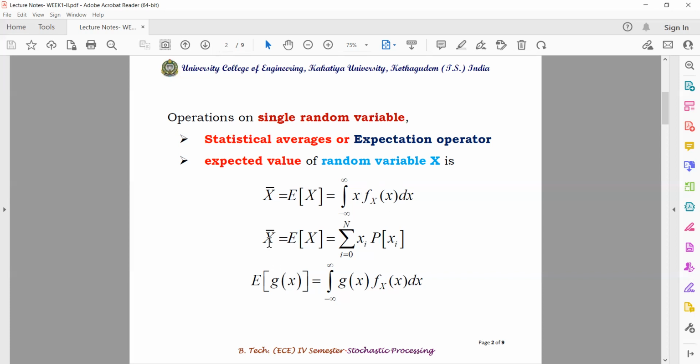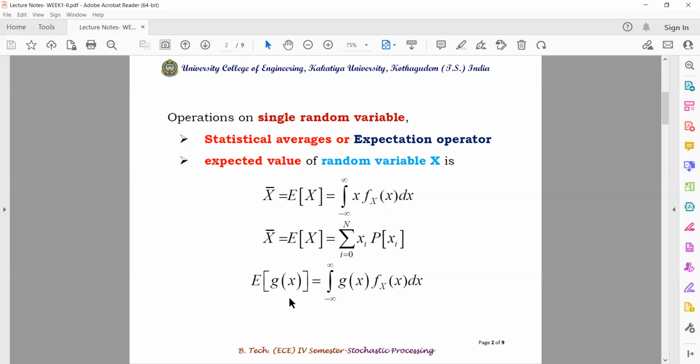If x is a discrete random variable, x bar is equal to E of x is equal to, the integration now becomes summation, from i equal to 0 to N, x_i P(x_i). P of x_i is called the probability mass function. Similarly, whatever is there in the brackets, expectation of g of x is equal to the integral from minus infinity to plus infinity of g of x, f_X(x) dx.